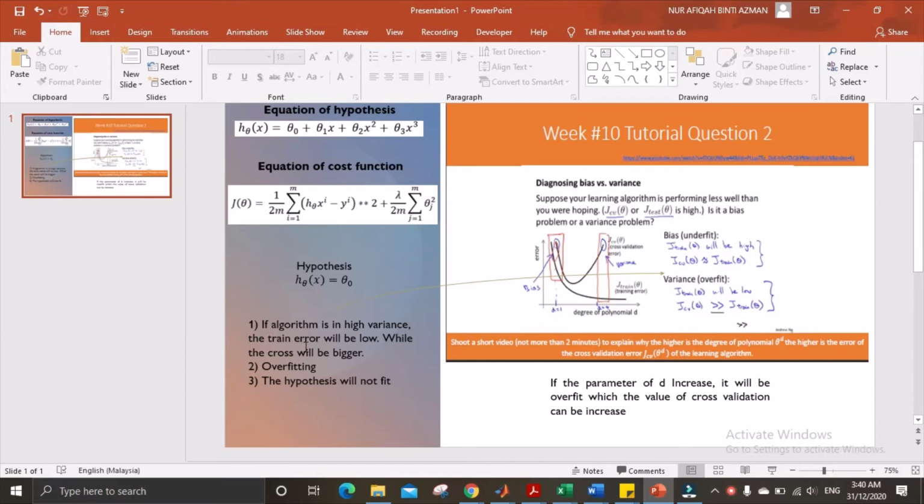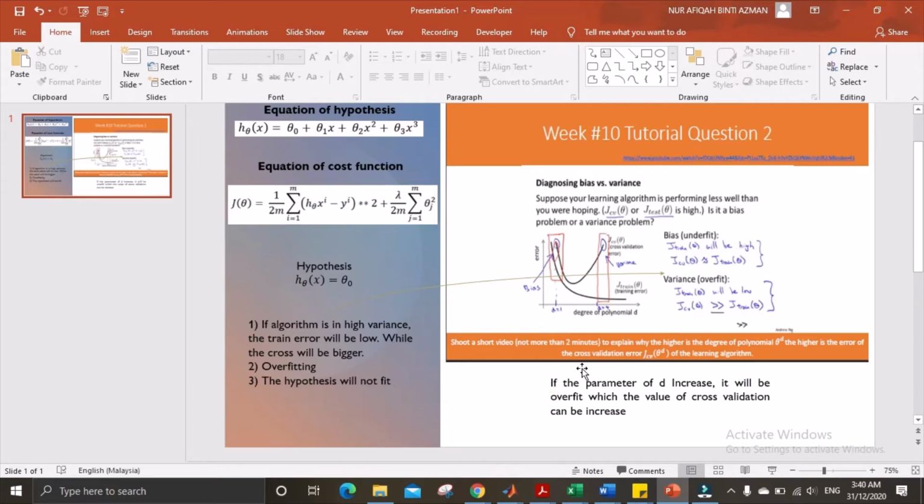Why? Because if the algorithm is in high variance, which is this, the train error will be low. The cause of this will be overfitting and the hypothesis will not fit.